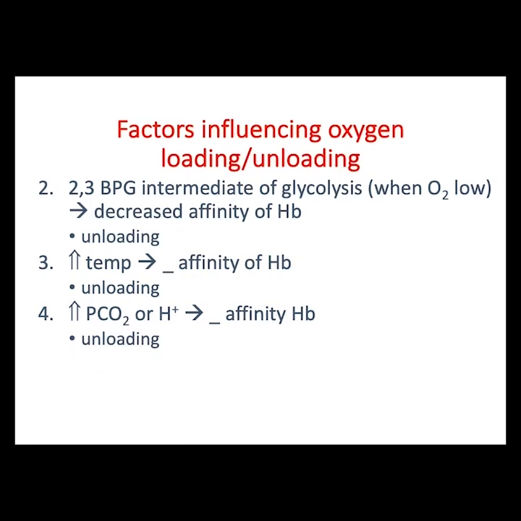Again, this reflects the fact that tissues which are metabolically active require more oxygen. Therefore, it would make sense that hemoglobin unloads the oxygen to make it available for those cells. Factors 2, 3, and 4 then reflect an increase in metabolism and therefore an increased need for oxygen.